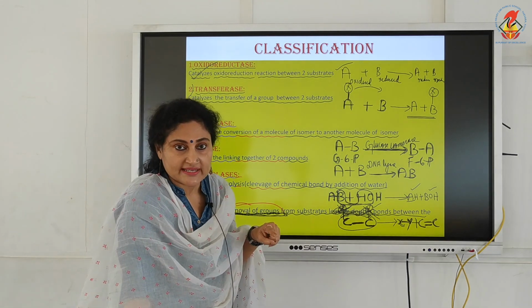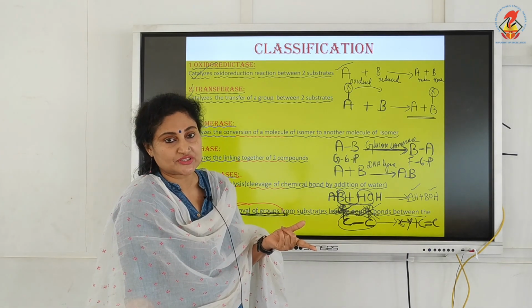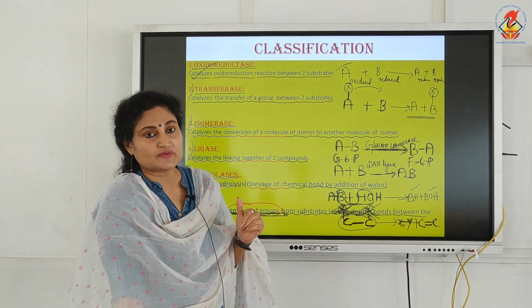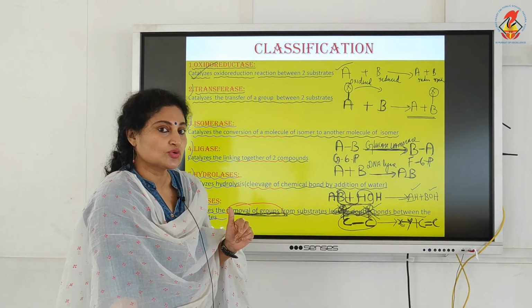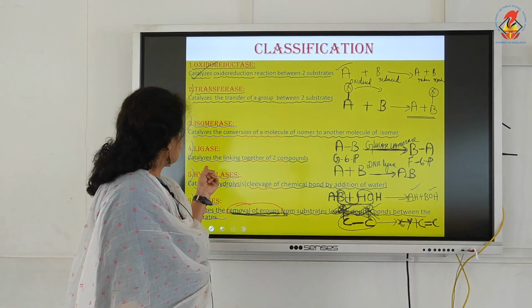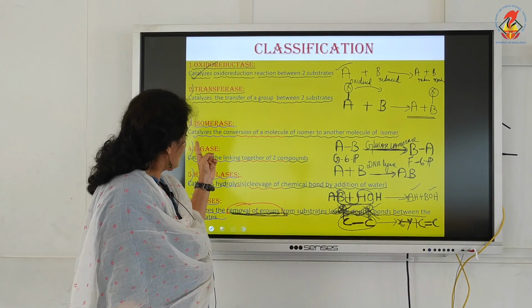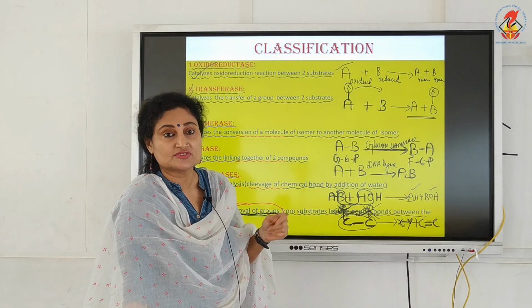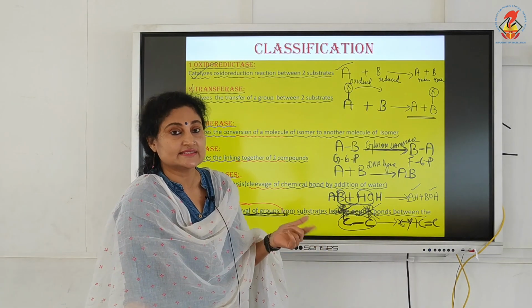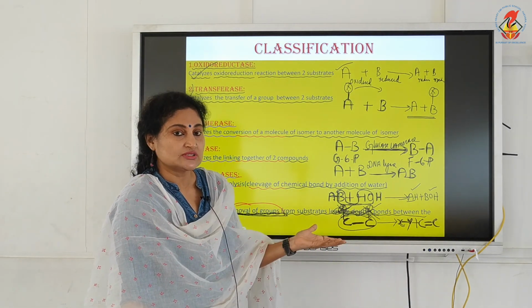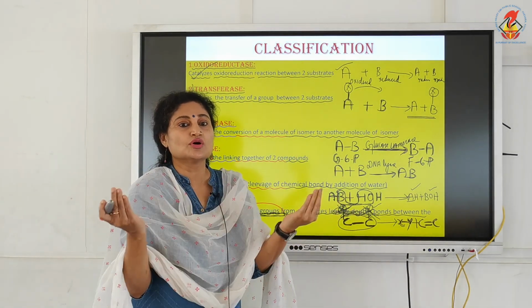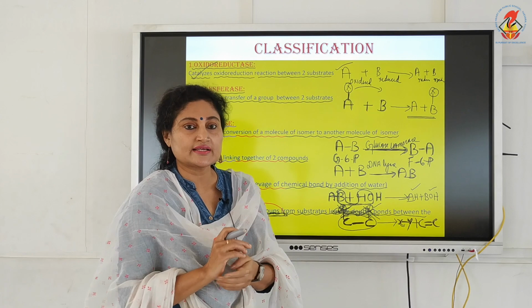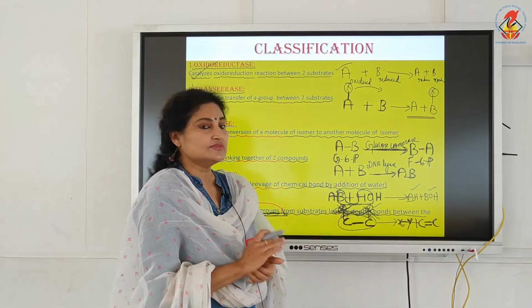In the case of isomerase, because we have learnt it in plant respiration, glucose 6-phosphate is converted into fructose 6-phosphate with the help of the enzyme glucose isomerase. And in the other place I have given an example with respect to ligase, which we will be learning in 12th standard, DNA ligase. And the simplest of all these is ligase. It just glues 2 substances together like glue. A plus B gives AB.